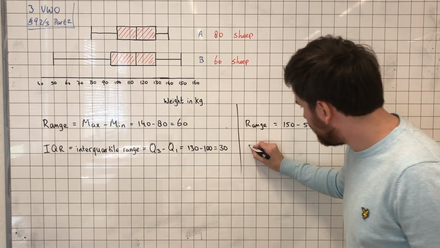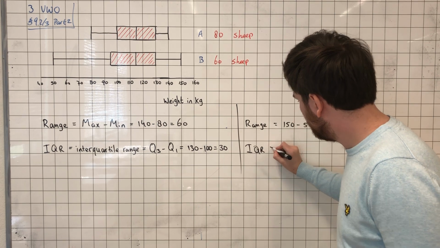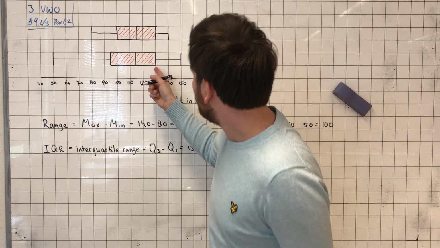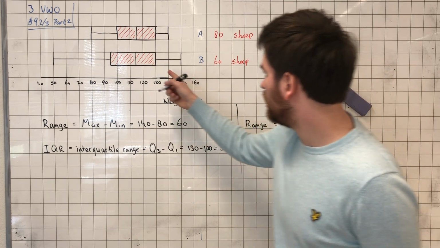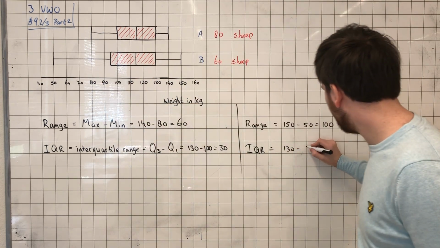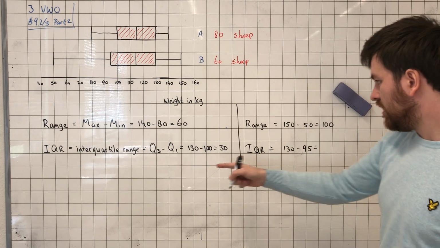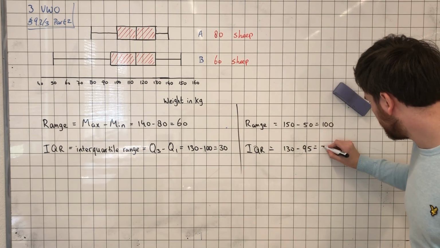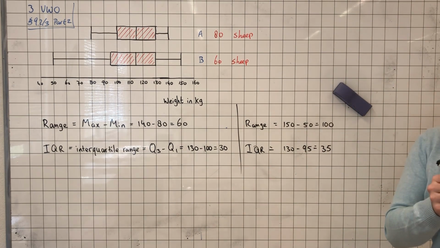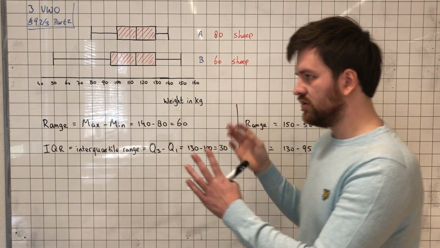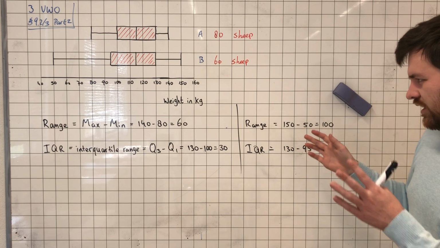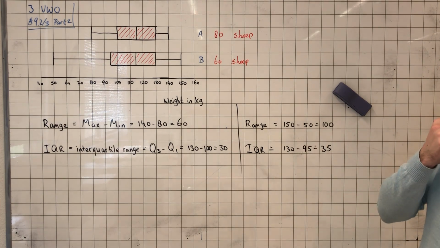Then for the IQR, his Q3 is 130 and his Q1 is 95. So his interquartile range is slightly bigger. Which basically means that the middle 50% of his sheep are slightly more dispersed than mine.